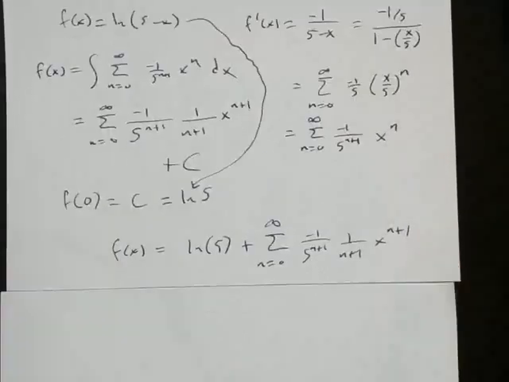Now, in the problem we are looking at with the tangent inverse of x cubed, well, the derivative of tangent inverse of x is 1 over 1 plus x squared. I remember that. We actually did that one in class on Wednesday. So I know how to get the tangent inverses of power series using this same integral idea.